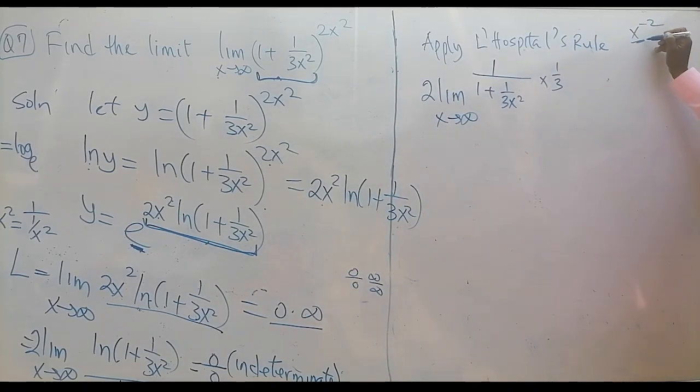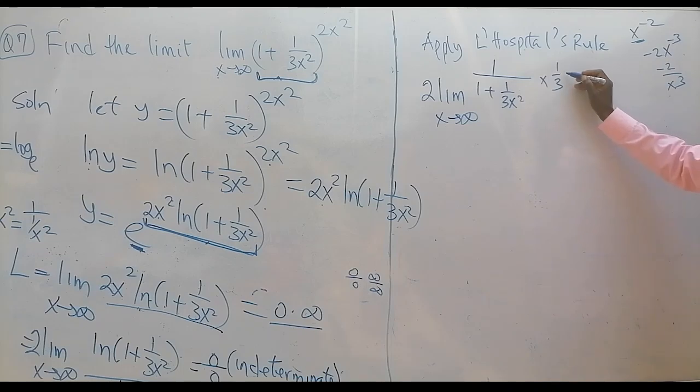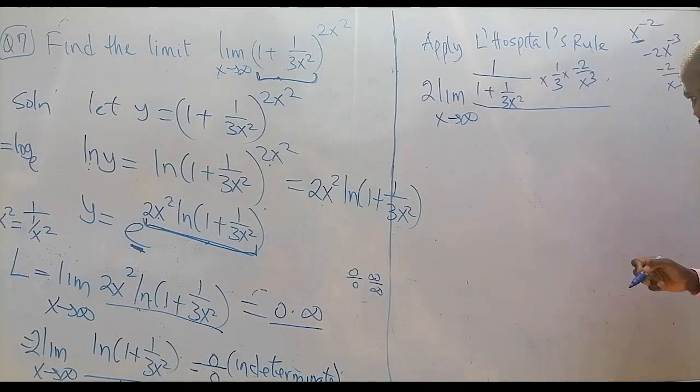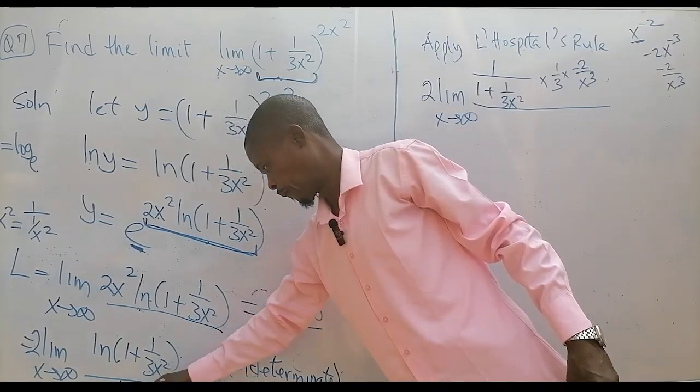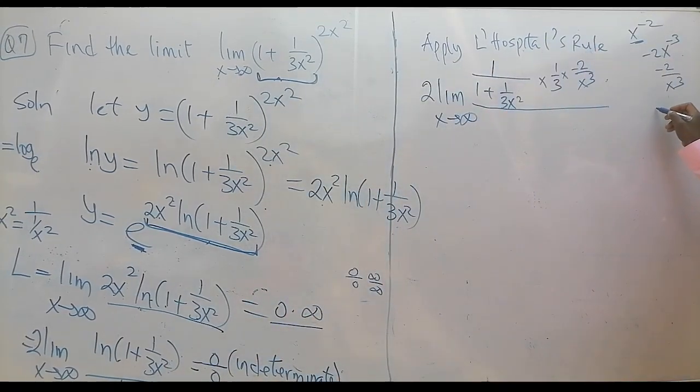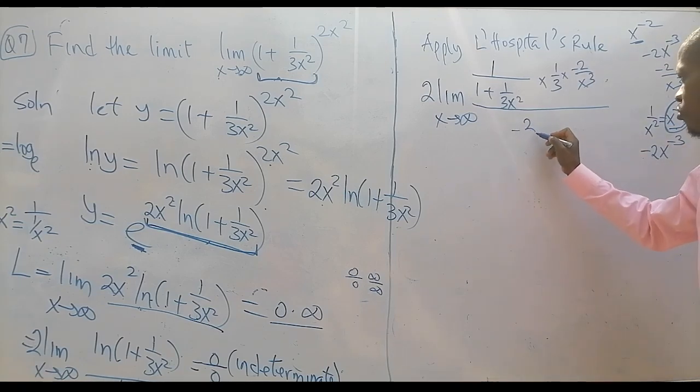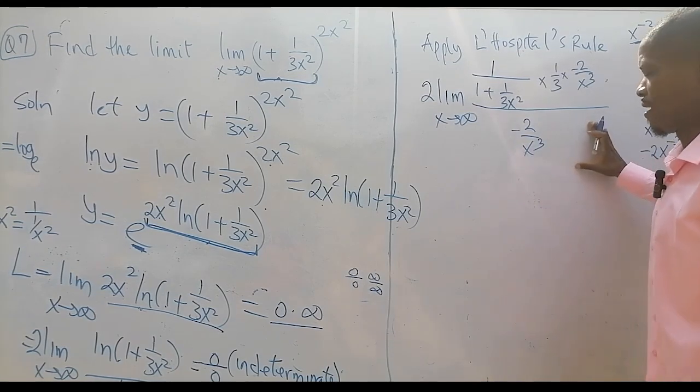Differentiating it gives minus 2 x to the power minus 3, which is minus 2 over x cubed. So the numerator becomes 1 over the function times minus 2 over x cubed. For the denominator, 1 over x squared is x to the power minus 2, and differentiating gives minus 2 times x to the power minus 3, which is minus 2 over x cubed.